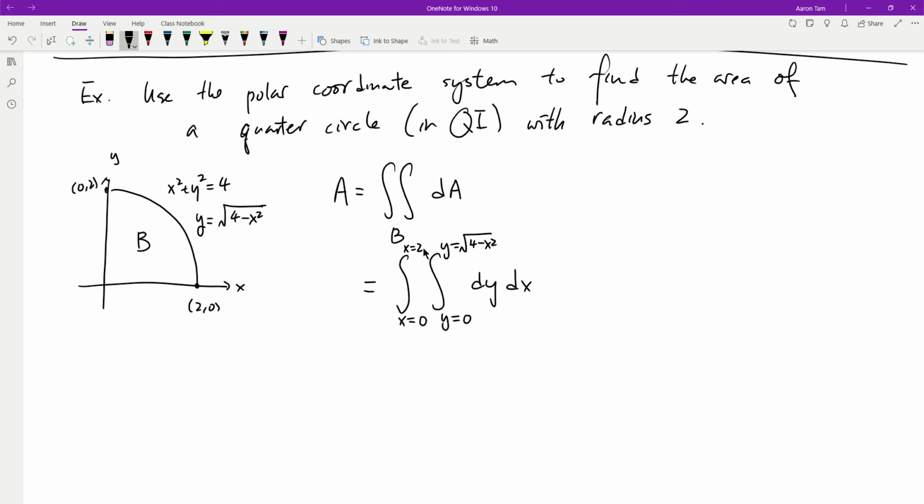So that would be our iterated integral in the xy coordinate system. Some of you might be thinking, can I just do a single integral to find this area? Seems like I can just do a single integral. Yes, you can. As a matter of fact, the single integral would be this one.